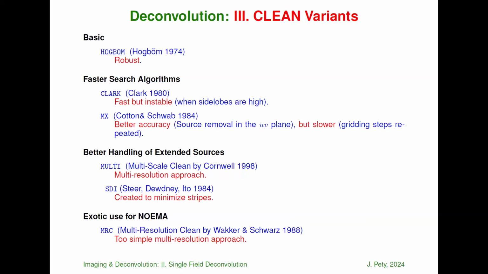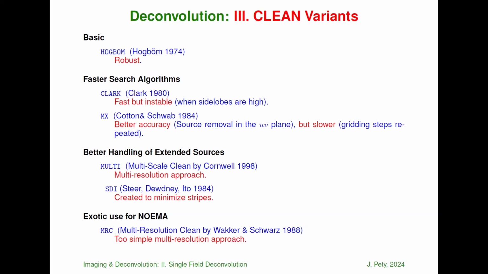For Clark, the subtraction is done in the image plane, as we did in the previous example. In MX, Cotton and Schwab said, okay, imaging, gridding, is making plenty of artifacts, so we have a collection of point sources. We will subtract it directly from the visibilities, and we reimage.